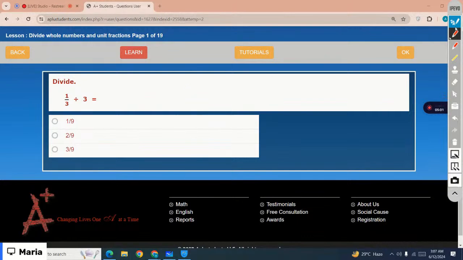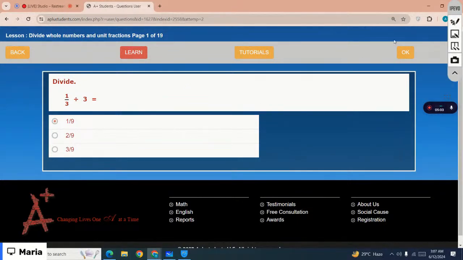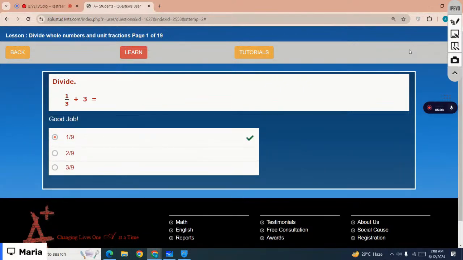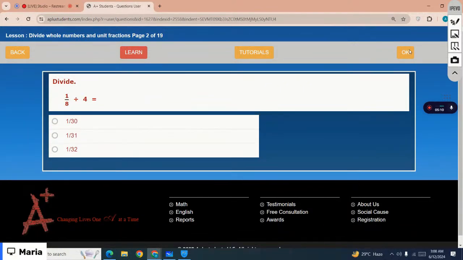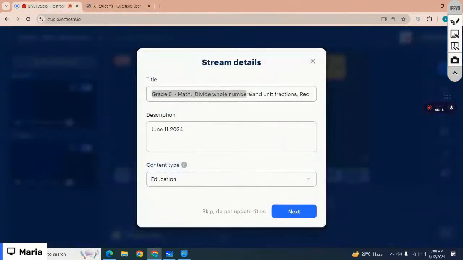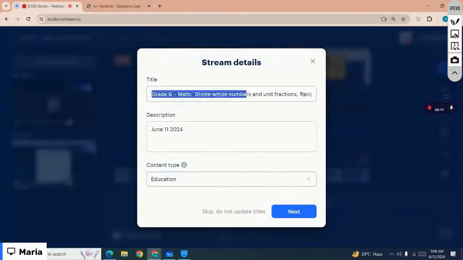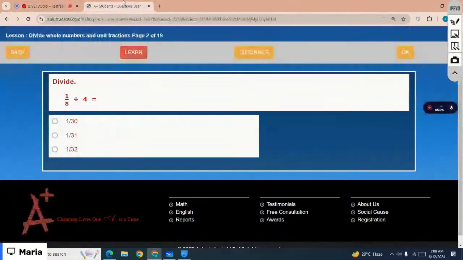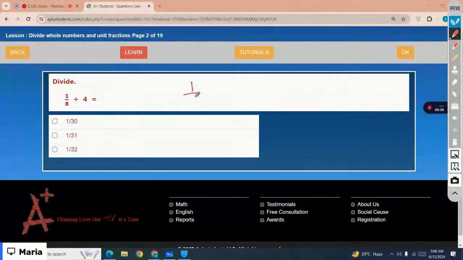Number 1 is the correct option, right? Okay, the next one is 1 over 8 divided by 4. So which is the correct option? Change the division sign to multiplication and take the reciprocal of the term after. So that would be 1 by 8 times 1 over 4.